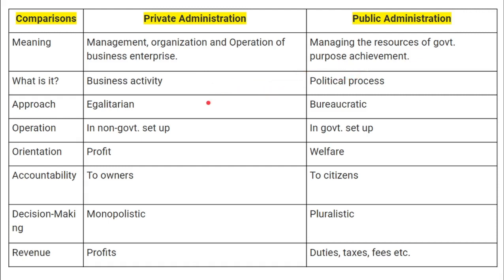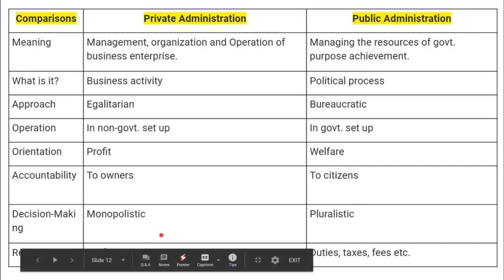The approach adopted in private administration is egalitarian and in public it is bureaucratic. Private administration is a non-government setup, while public administration is a government setup. Private administration is profit based, and public administration is welfare based. Private administration is accountable to the owner, while public administration is accountable to the citizens.